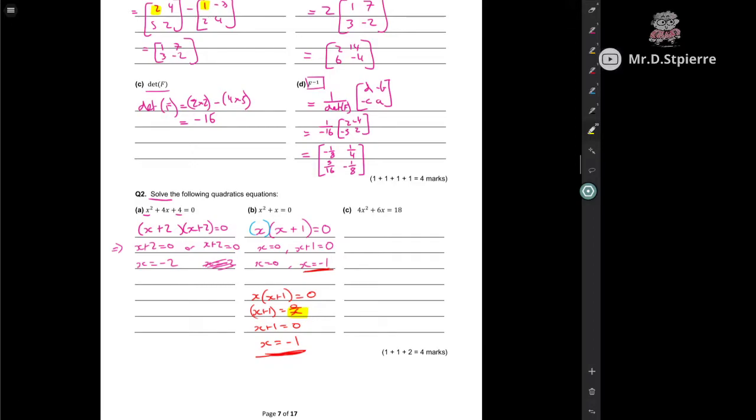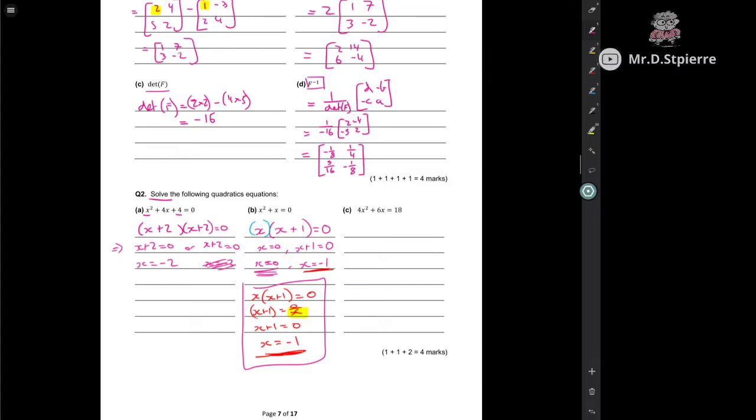So we see a lot of students do this answer and you only get half a mark because you've only found one of the solutions. You need to realize that if we use the null factor law straight away when we factorize, we actually can see that if I let x equal 0 is also a valid solution.